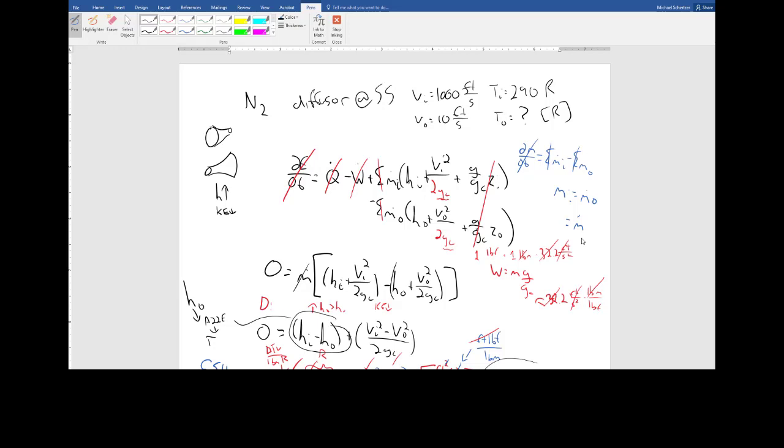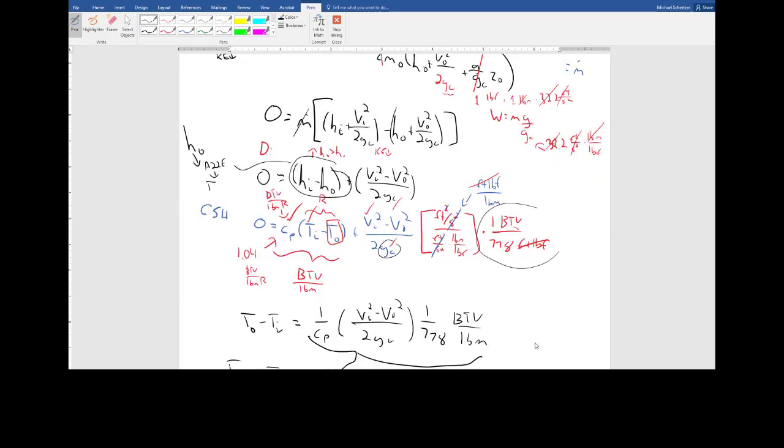V out is 10 squared minus 100 squared, right? This looks like a huge number, but first we have to divide by 2. Then we divide by GC, 32.2 is the magnitude. Then we divide by 778, and we get that it's 0.2 degrees higher.